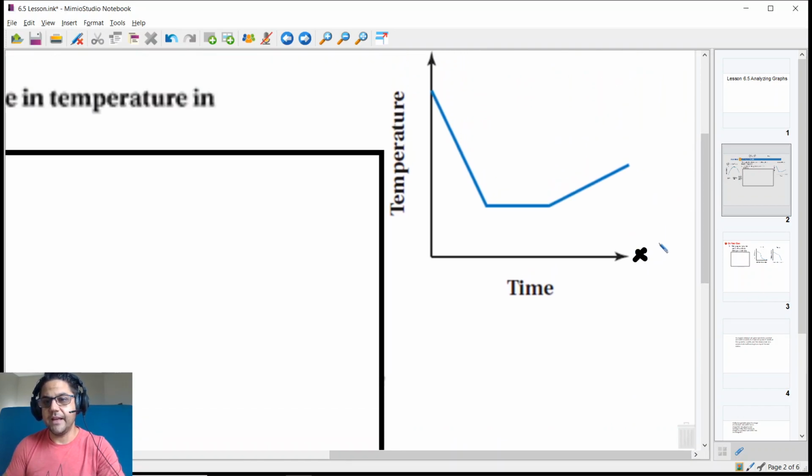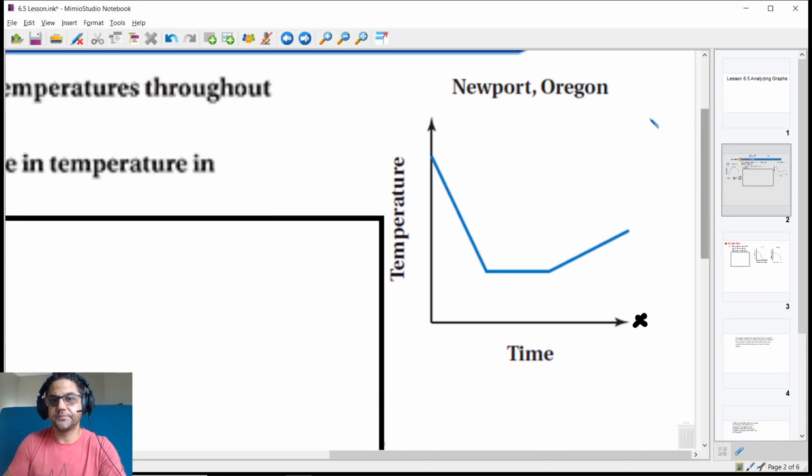We still have X and Y. This might not be the same type of time scenario, but regardless, as the time increases, the day is changing essentially. But what's happening to the temperature? If you notice here at the beginning, not too sure what that time is, but the temperature starts to drop, and it drops pretty quickly.